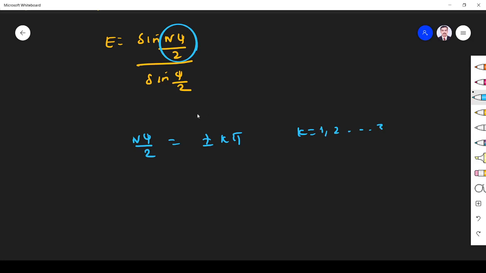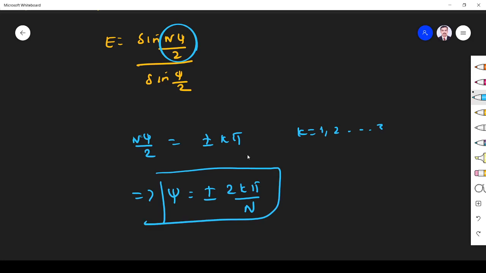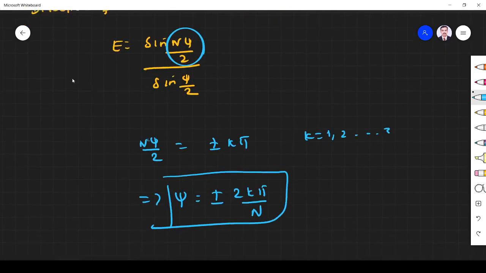When k is equal to 1, sine pi is 0; k is equal to 2, sine 2 pi is 0, like that. So this indicates psi is equal to plus or minus 2k pi by n. This is the direction of minimum radiation.